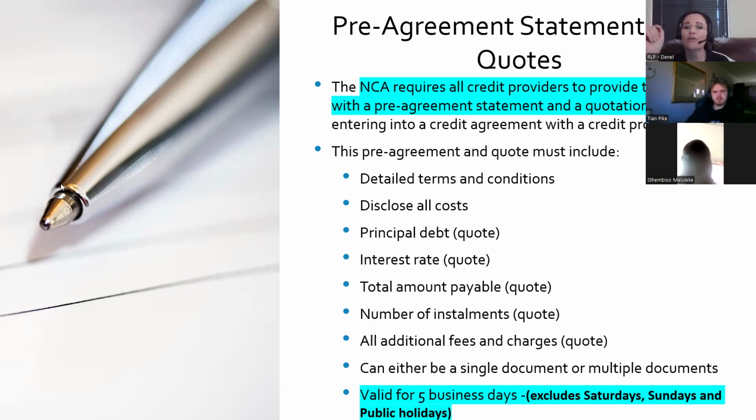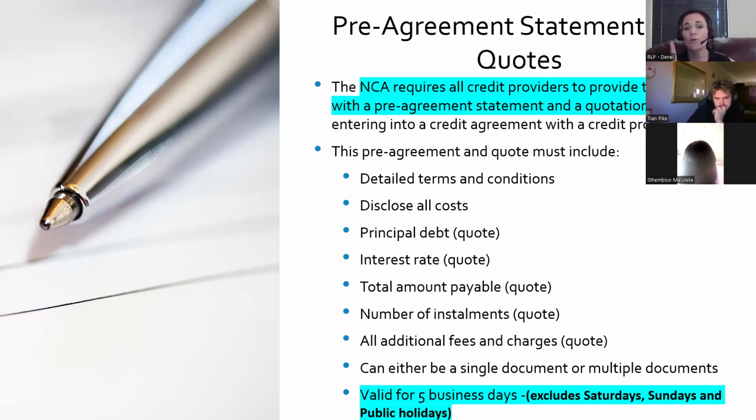What should this pre-agreement and quote include? They want the detailed terms and conditions. They want them to disclose all relevant costs: the principal debt, so basically the amount that this consumer is financing, the interest rate that they were approved for, the total amount payable, which will be the amount that they finance plus the total interest, because that's the total that they will have to repay, the number of installments, all additional fees and charges.